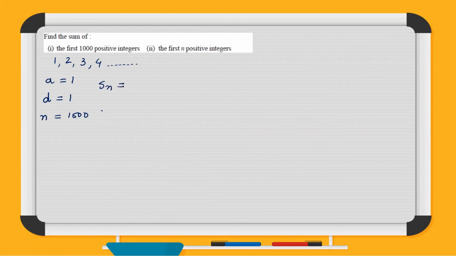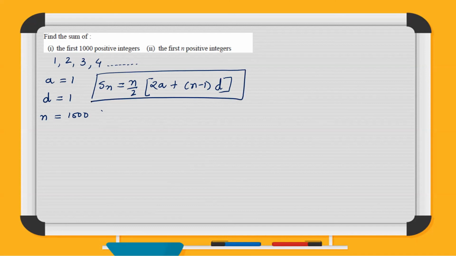So just write down the formula. Sn is equal to n by 2 in bracket 2a plus n minus 1 into D. Give it a box, put in the values. So therefore, S1000 is equal to 1000 divided by 2, 2 into 1 is going to be 2, plus 1000 minus 1 is going to be 999 into 1.